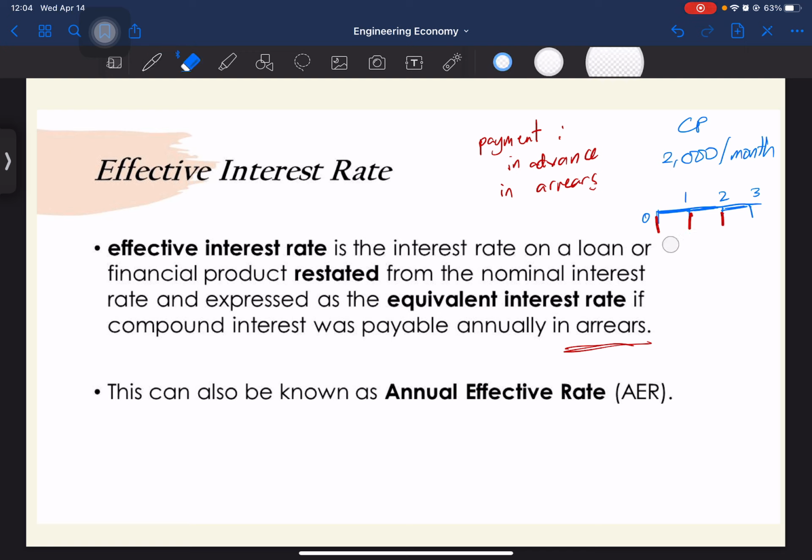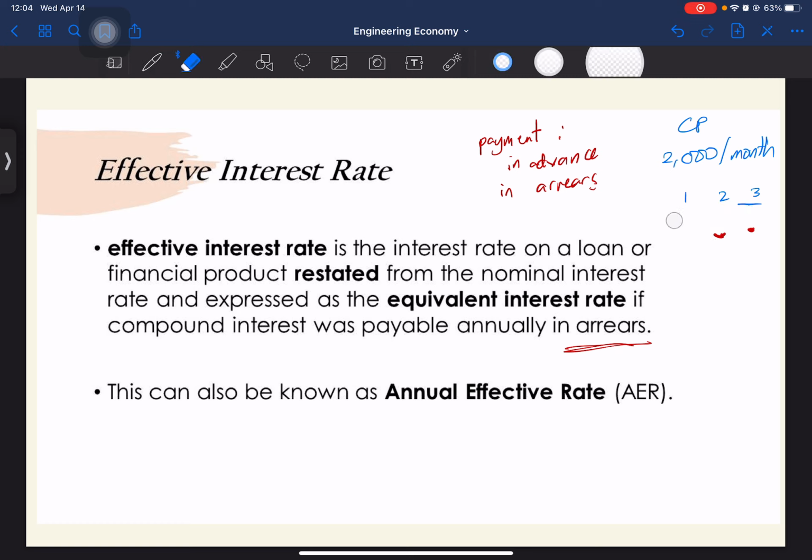When you pay in arrears, ibig sabihin at the end of every term. Okay? Ibig sabihin, when you are paying in arrears, your payment for January will be at the end of January. Your payment for February will be at the end of February. So, March, end of March. So, when you say in arrears, ibig sabihin lang nun, at the end of every term. Okay?